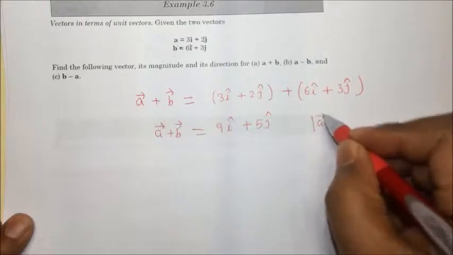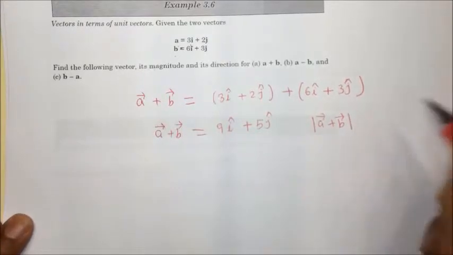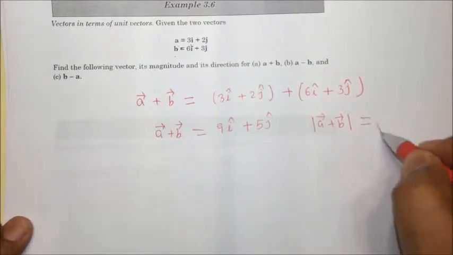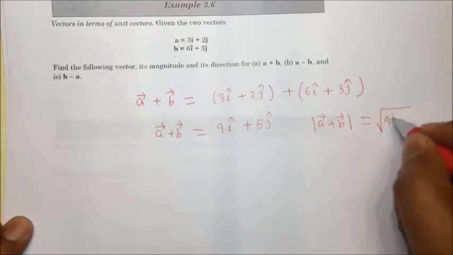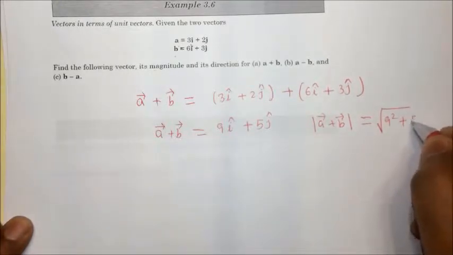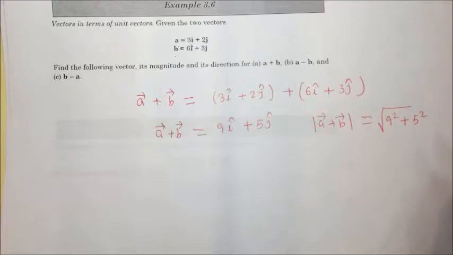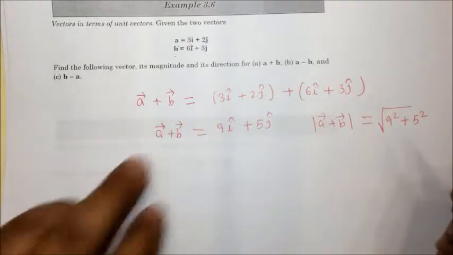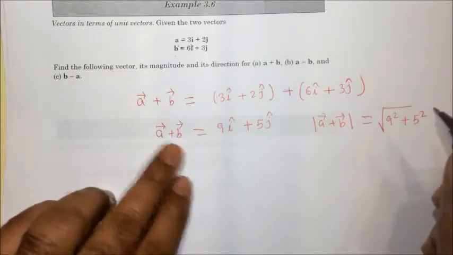Magnitude of vector A plus vector B is going to be square root of 9 square plus 5 square. You can give a name to this vector.